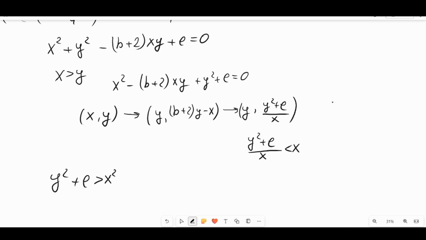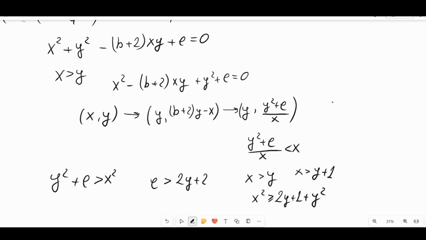So this means that e must be more than at least 2 times y plus 2, because x is more than y and x is greater than or equal to y plus 1. So x squared would be greater than or equal to 2 times y plus y squared.